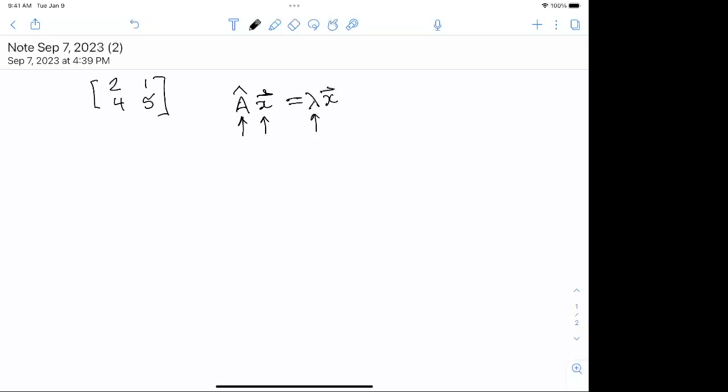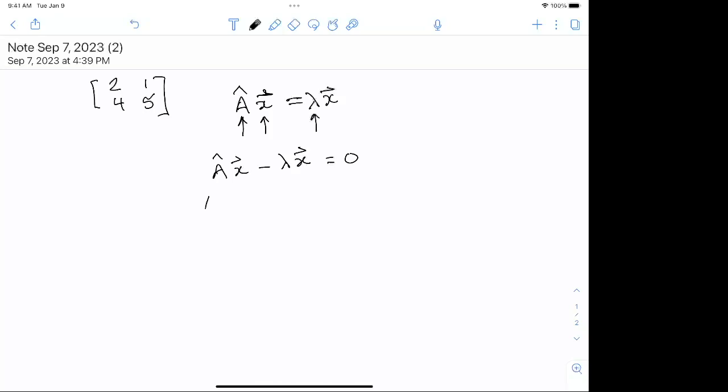So we can do a little bit of stuff that looks like normal algebra. I'm going to take my matrix and my vector. I'm going to subtract off this, and of course that's going to give 0.